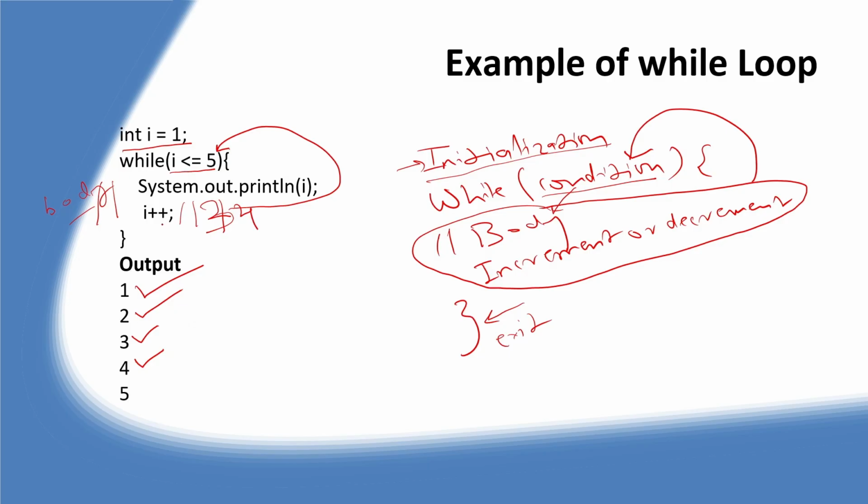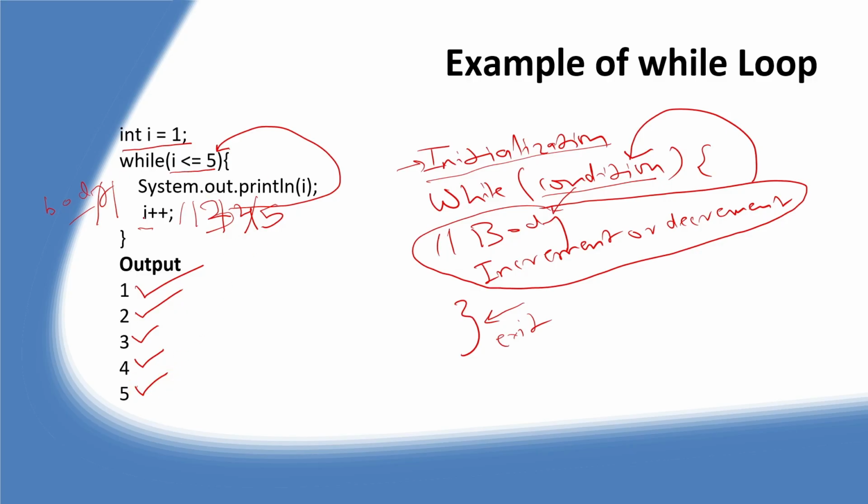Then in the next line, it will increase the value of I to 5. Then again it will do the condition checking. 5 less than or equal to 5. Yes, the condition is true. Again it will execute the body. It will print the current value of I, that is 5.